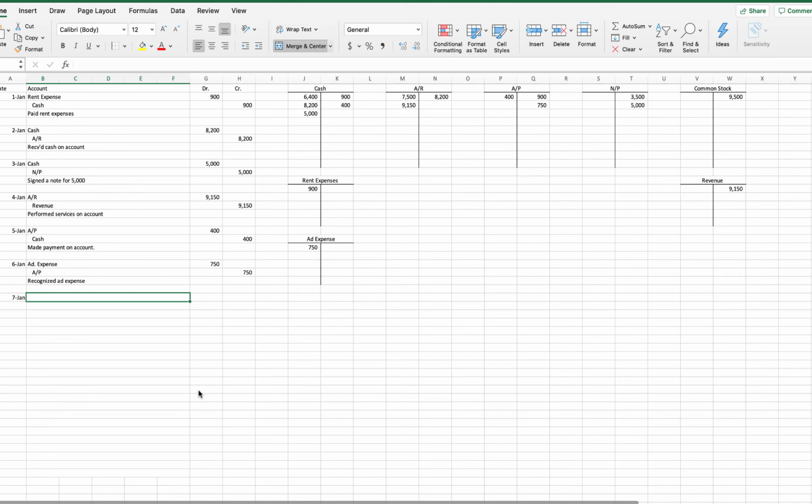I know without a doubt cash is an asset. I increase an asset with a debit. I decrease an asset with a credit. So cash has to be my credit entry. Expenses increase with the debit, decrease with the credit. Okay, so I need to debit my salaries expense because I'm increasing it.